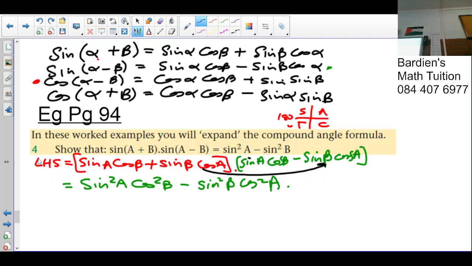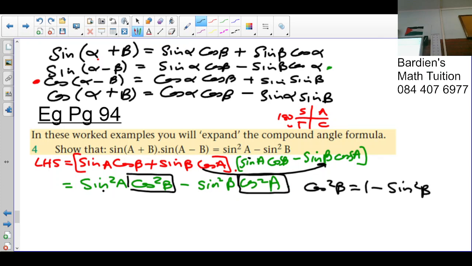We have sin a, there's sin a. But we don't have a cos squared b. Not so? And we don't have a cos squared a. But we know that cos squared b is equivalent to what? 1 minus sin squared b. Where do I get that from? I get that from the fact that sin squared b plus cos squared b is 1.